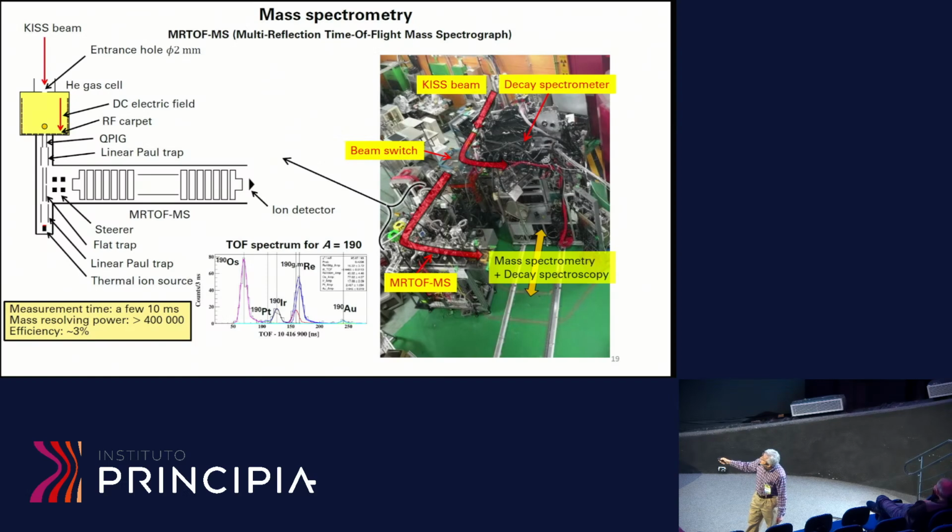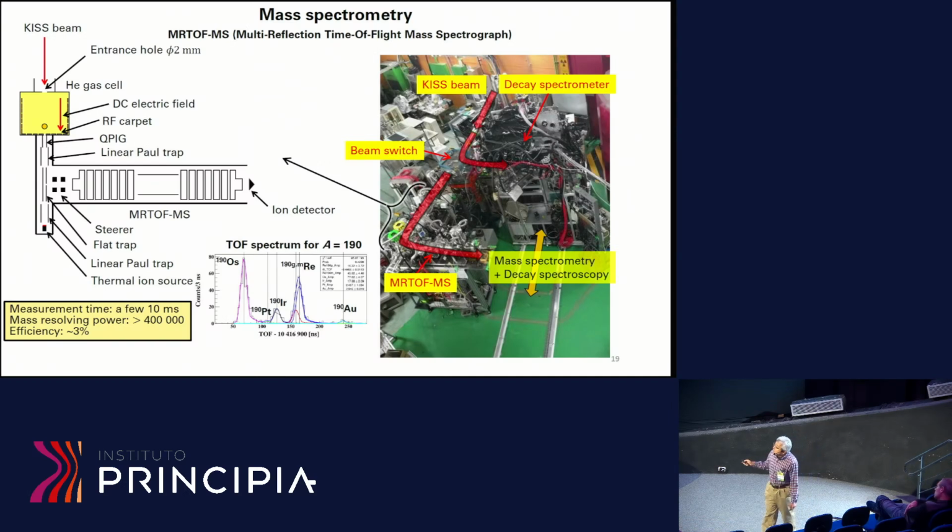So the ions are injected in MR-TOF, and there are 2 reflection electrodes, and the ions can be reflected by these electrodes many times. For example, that is 1,000 times. The MR-TOF has a dimension of about 50 centimeters. However, with the reflection of 1,000 times, the ions actually fly a distance of 1 kilometer.